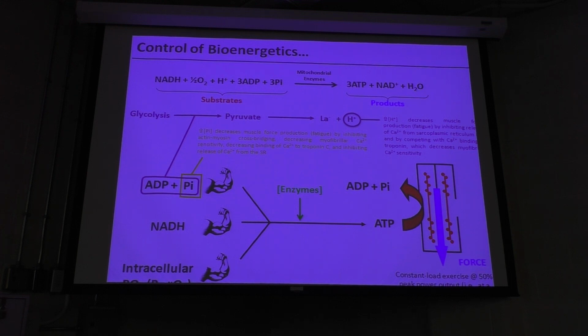We also talked about how important it is for muscular function to keep the cellular milieu, the metabolic milieu, in check. Particularly, we try to limit the extent to which hydrogen ions increase within the cell, so as to limit intracellular acidosis, because it does have effects on muscle contractile function.